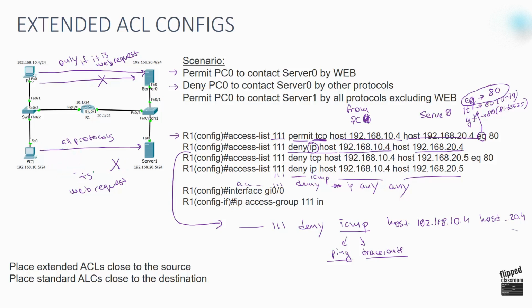We don't touch PC 1, we work only with PC 0. PC 0 is able to communicate by all protocols, and web is not able to be sent. I'm sorry again, and let's continue, guys.